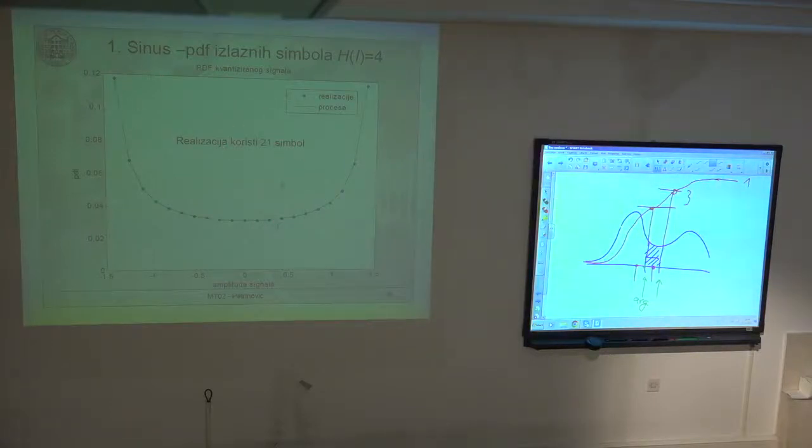So the step size is such that between the largest negative value, minus square root of 2, and the positive value, square root of 2, I have how many levels? I have 21 different levels, 21 symbols. Okay? Why 21? Because I have the entropy coder after the quantizer.